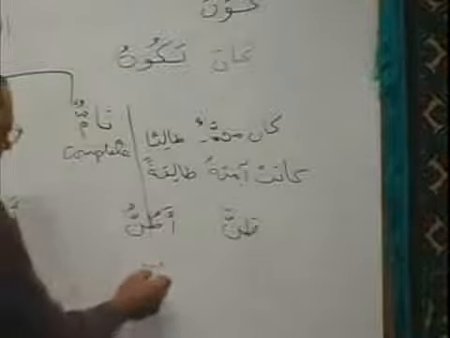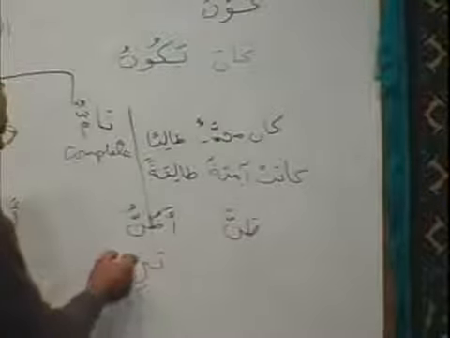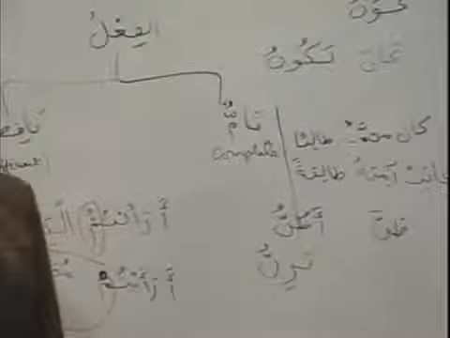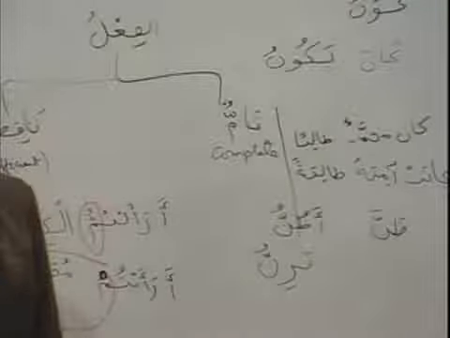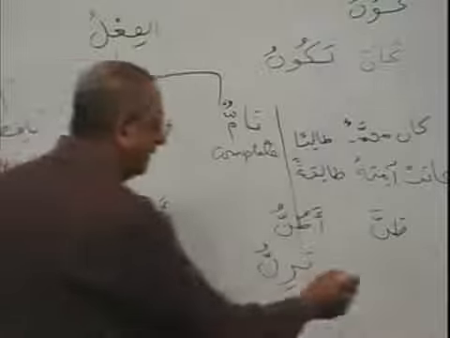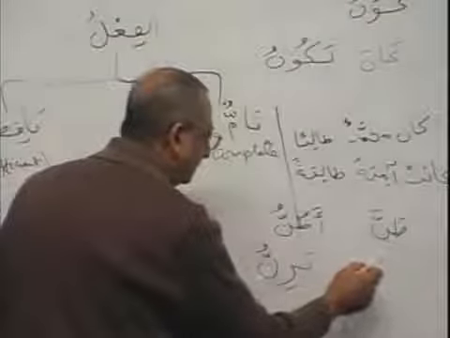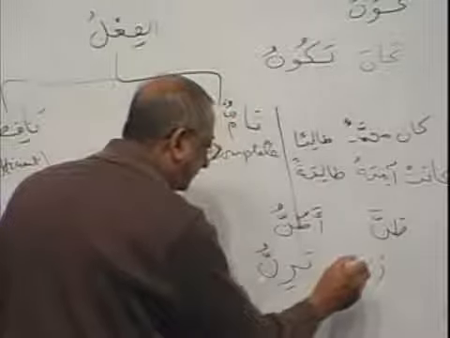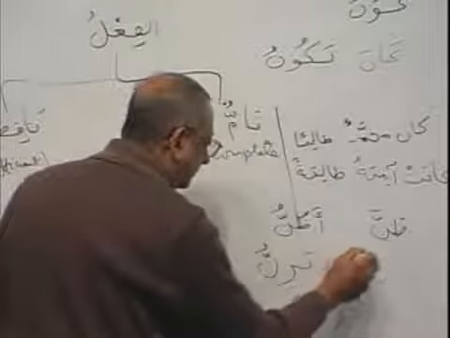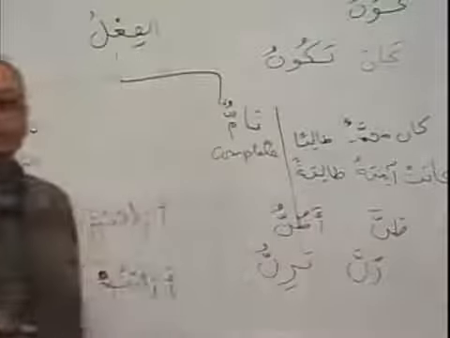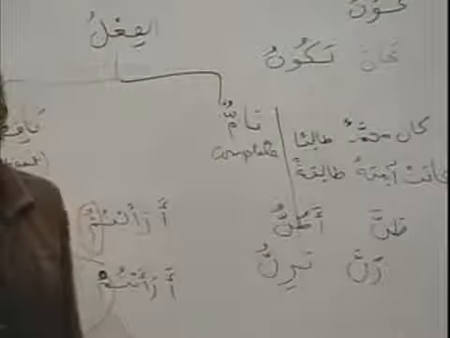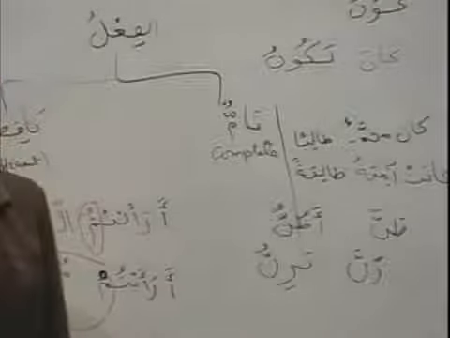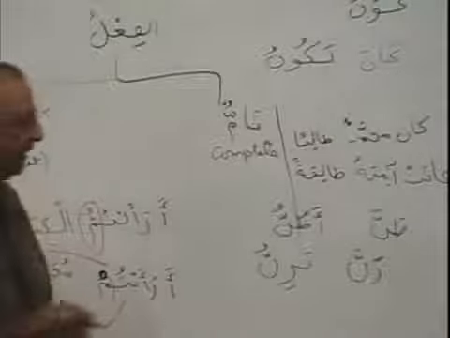Now the new verb is coming, yarinnu. What is madi? Ranna. To ring. It rang. Okay? Yarinnu rings. Are you with me?